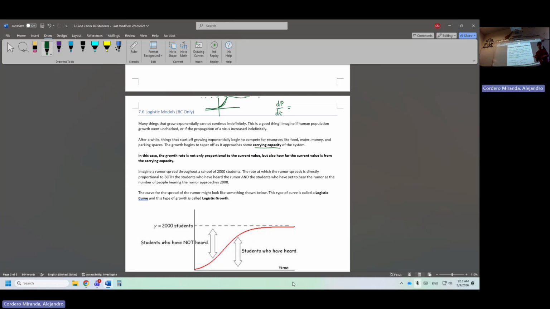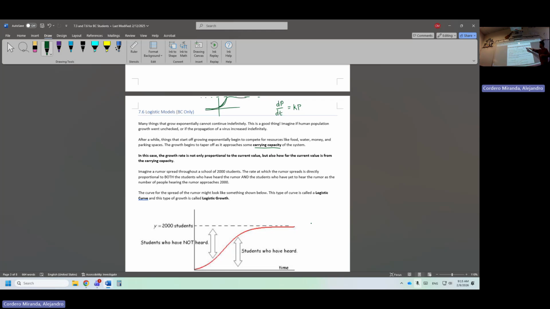A differential equation for an exponential model says the more you have of something, the more it can continue to grow. In other words, as population grows, so does the rate of change. But for a logistic equation, this is true up to a point, but as you get closer and closer to this carrying capacity, your growth rate has to slow down.